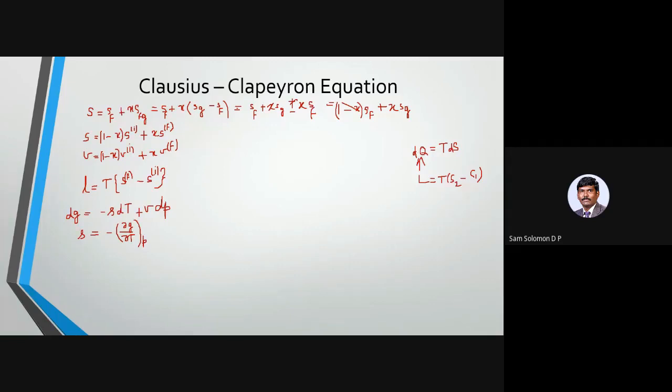So I can write S as minus of partial G partial T at constant P. Similarly, if I say for a constant temperature process, then I can write V equal to partial G partial P at constant T. I can write it like this also.